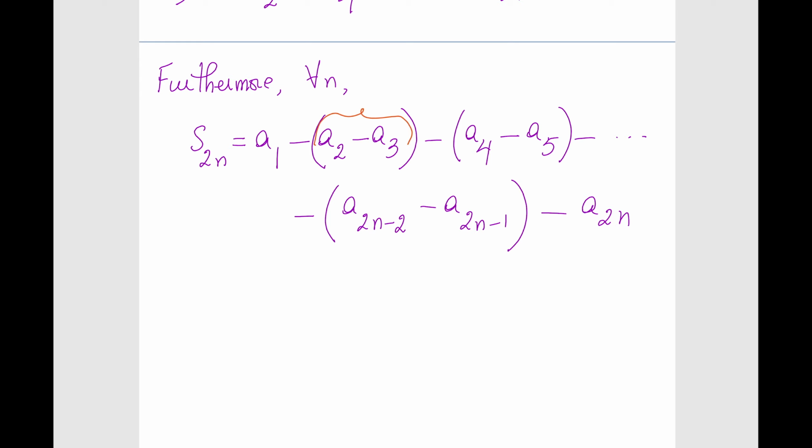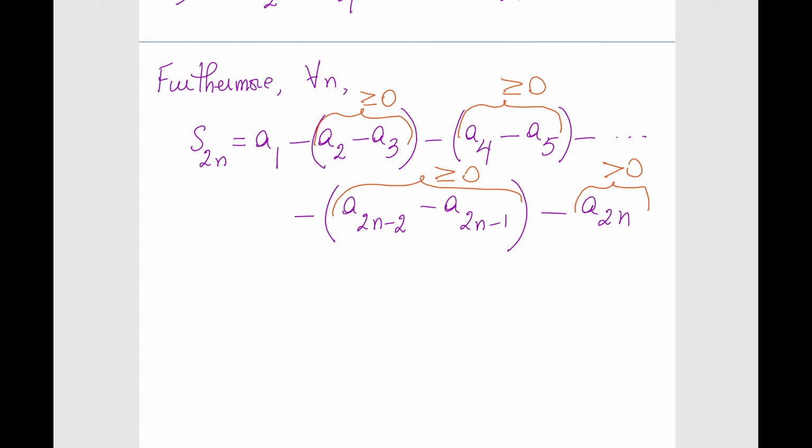So this means that this guy is non-negative. Similarly here, A5 is less than or equal to A4, which means this guy is non-negative. And so on and so forth. This guy is non-negative for the same reason. Yes? And what do you know about the last one? This is positive. I mean, this is the assumption here. The AIs are positive, right?